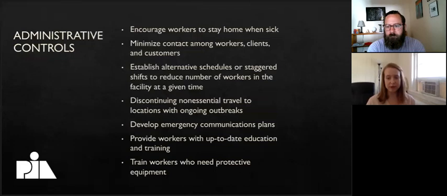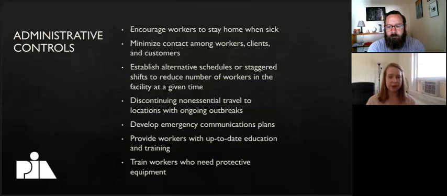Administrative controls are changes within the workplace policies. So medium risk workplaces should consider minimizing contact among workers, clients, and customers to the extent possible. And all workplaces must provide workers with up-to-date information and education to ensure safety. The rest of these are just straightforward.